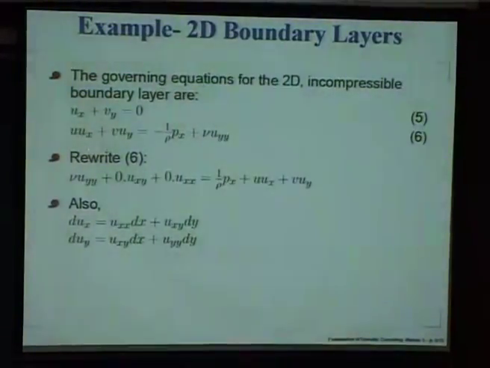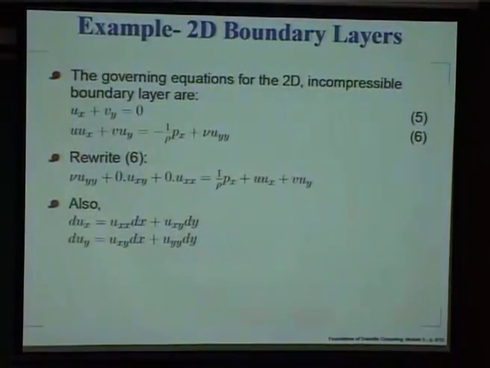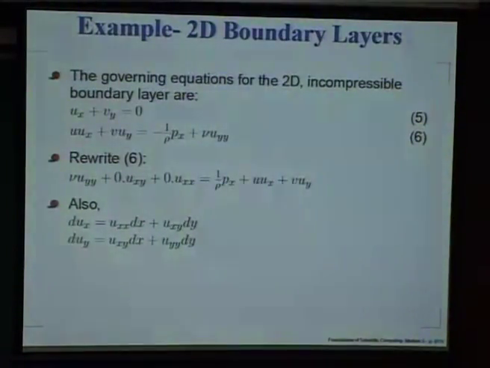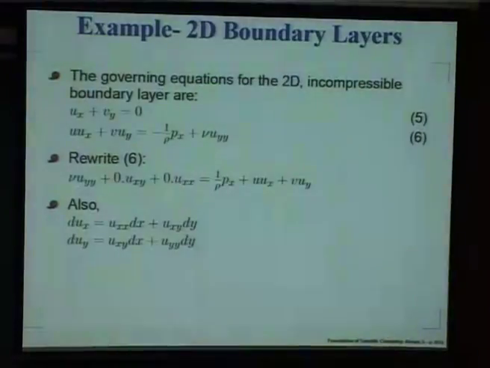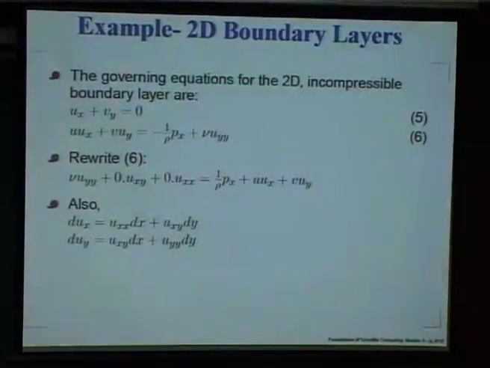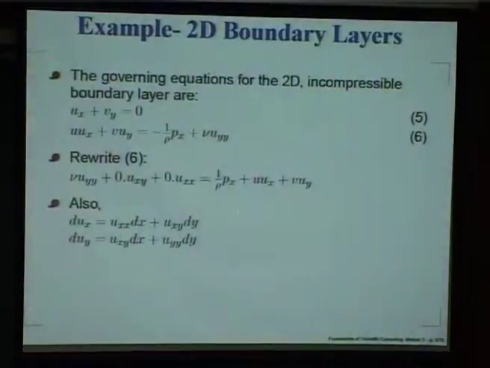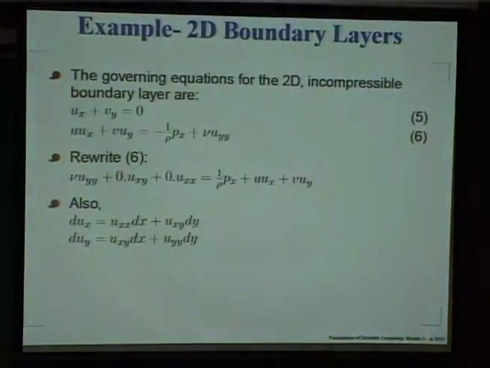So, again it is a quasi-linear equation, right. Left hand side are those nonlinear terms, but they are of lower order. The highest order is the second derivative. So, that is why we call it a quasi-linear PDE, and we rewrite it for convenience in this form: nu u_yy, 0 into u_xy and 0 into u_xx, and these are the things that we will assume known, because that is our definition of solution.